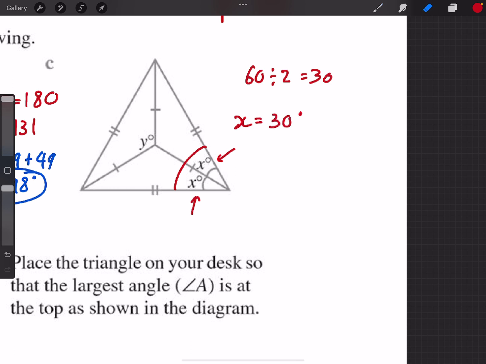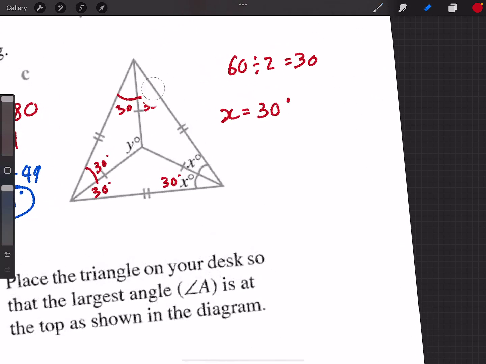Right, now how do we find y? Well, let's have a look. If this is 30, then this must be 30. Okay, that's 30. This also must be 30. This must be 30, and this should be 30 as well. Everything's been divided evenly here according to the picture. So let's look at y.